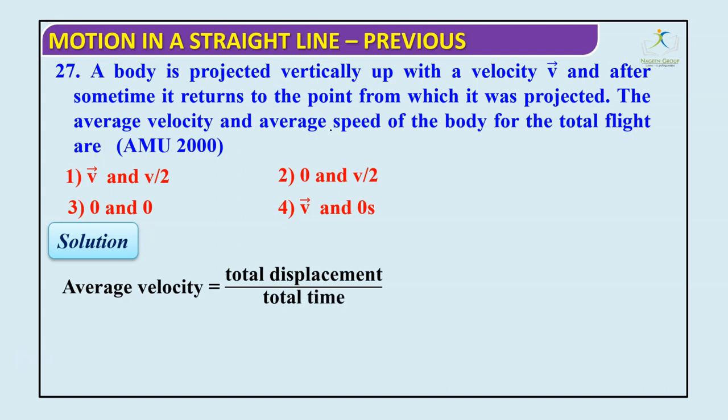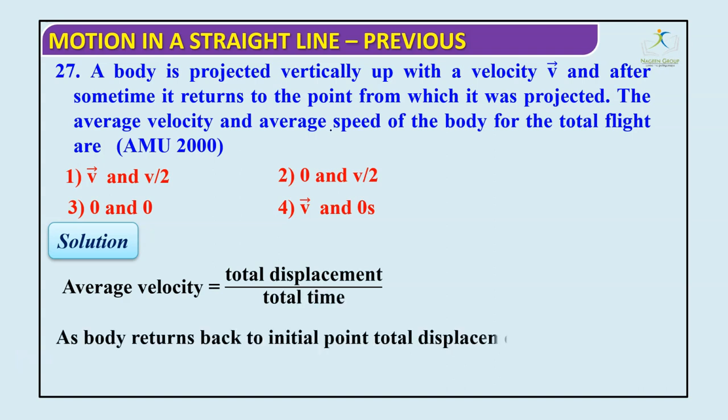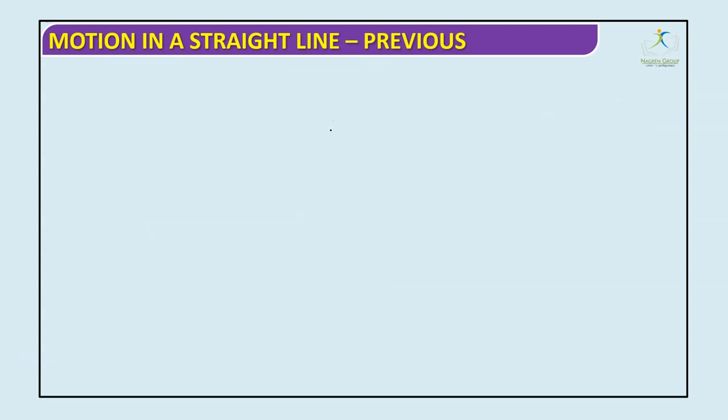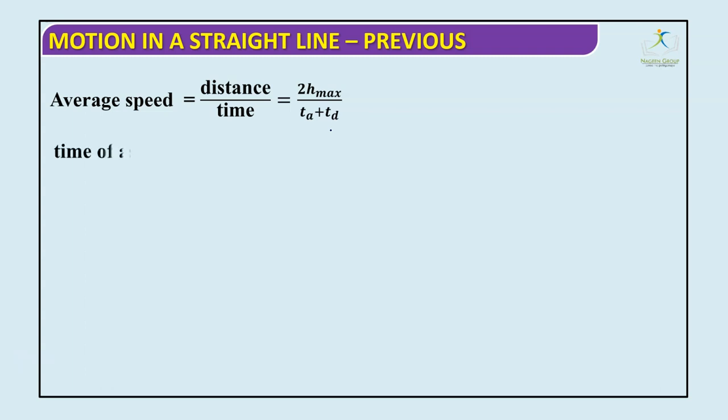So average velocity is equal to total displacement divided by total time. As the body returns back to the initial point, total displacement is equal to 0. Hence, we can say that V average is equal to 0. Average speed is equal to distance by time, which is equal to 2h max divided by Ta plus Td. So time of ascent Ta is equal to time of descent Td.